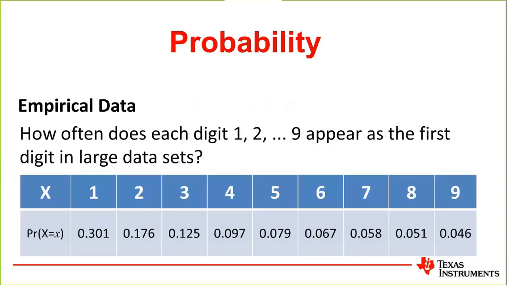Unless, of course, we're talking about telephone numbers, because in Victoria, for example, they're all going to start with 9 if it's a landline. They're all going to start with 0 if it's a mobile. So that's kind of silly. We're looking at data sets, empirical data, where it's not forming some sort of a structure.